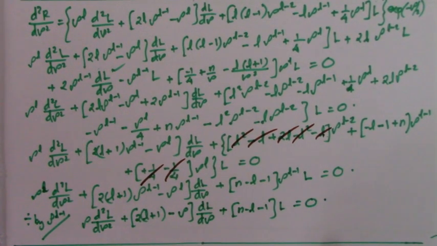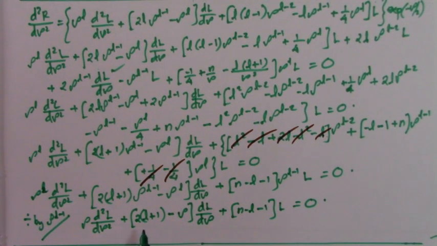So we have a new equation here. The new equation, a simplified one, is rho into d square L divided by d rho square plus 2 into L plus 1 minus rho dL by d rho plus n minus L minus 1 into L is equal to 0.